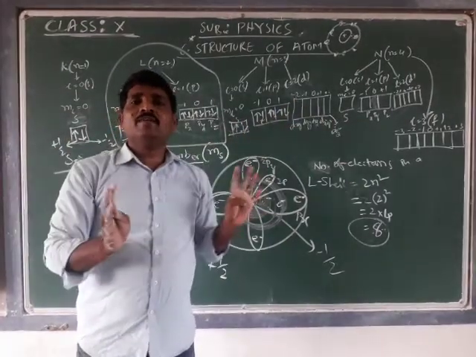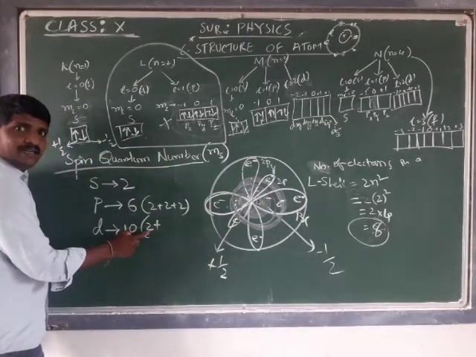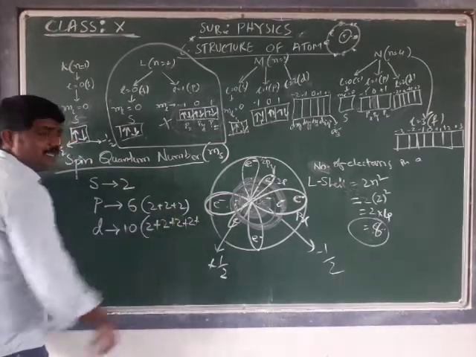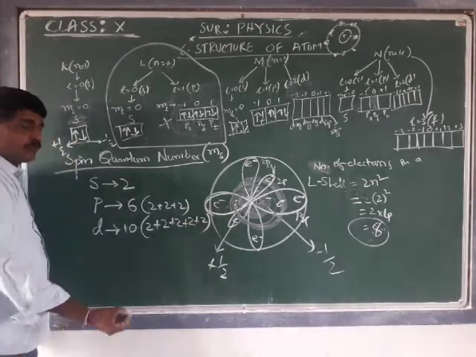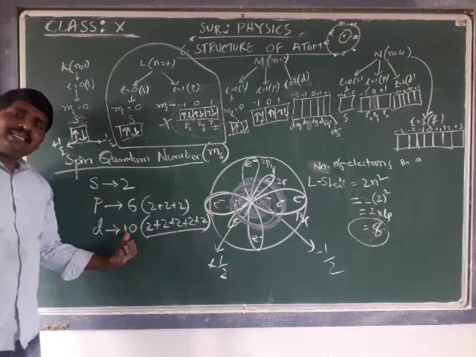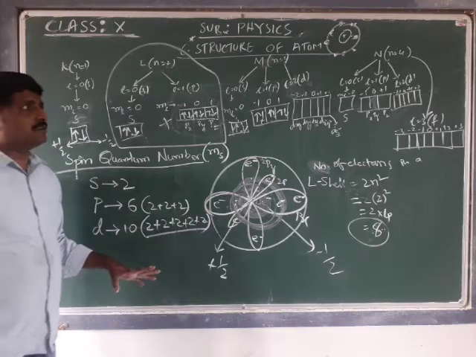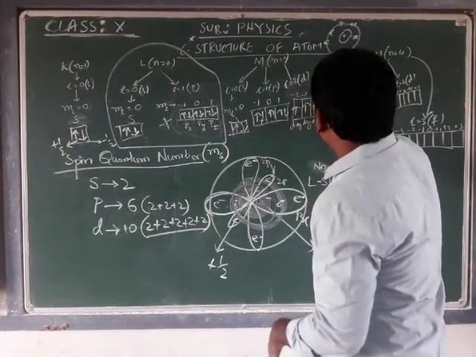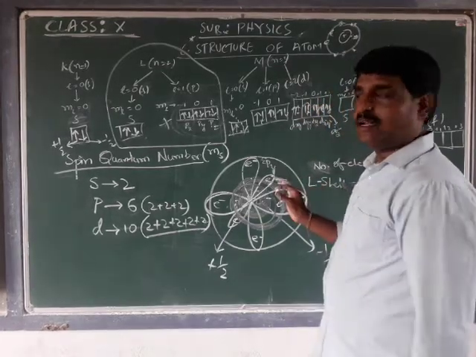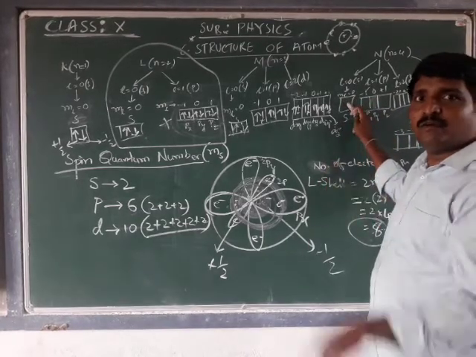So it is 2 electrons in dxy, 2 in dyz, 2 in dxz, 2 in dx square minus y square, 2 in dz square. That is 1, 2, 3, 4, 5. As it is oriented in 5 ways, the d subshell can handle a maximum of 10 electrons: 1, 2, 3, 4, 5, 6, 7, 8, 9, 10.